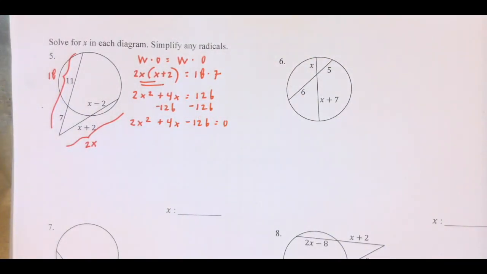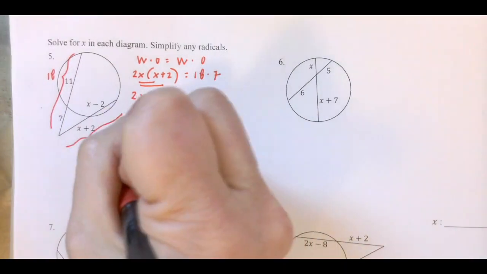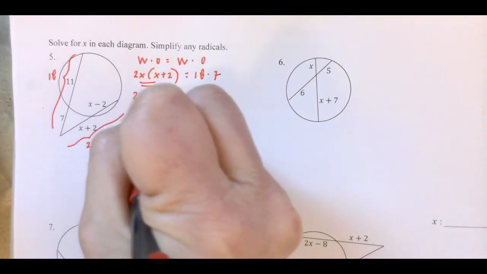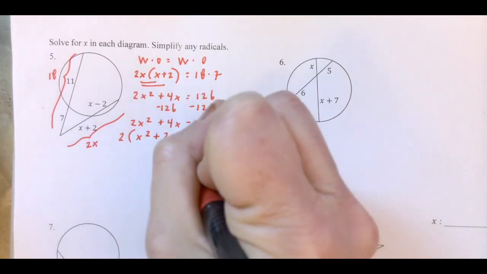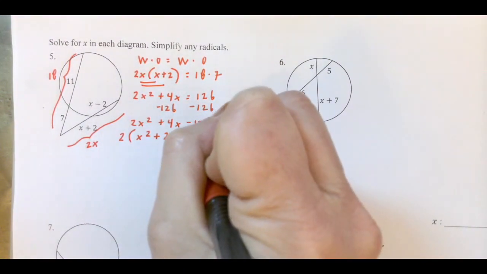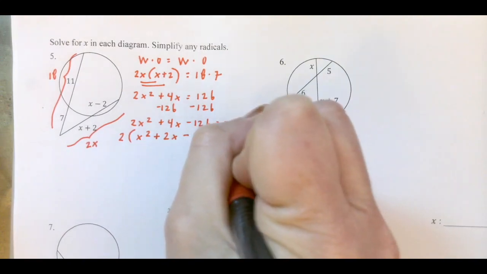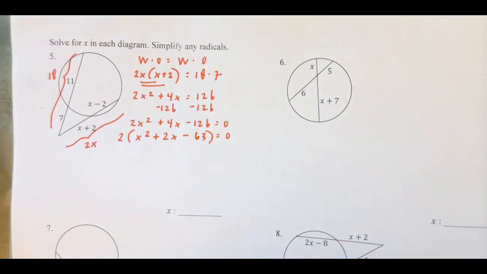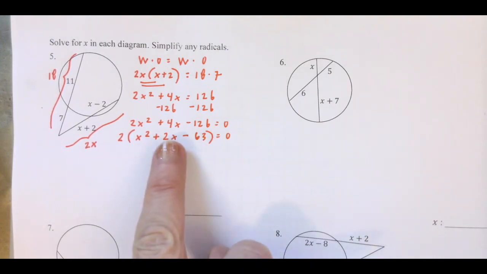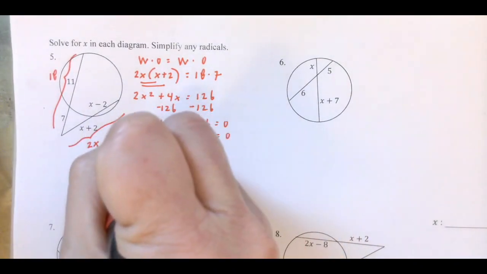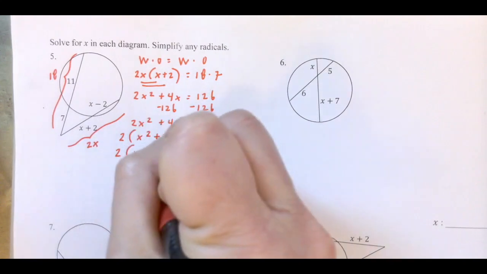So when I look at all of my terms, I see they're all even. So I divide out my GCF of 2. So x squared plus 2x minus 63, all equal to 0. So now I'm looking for two numbers that multiply to a negative 63, but add to 2.